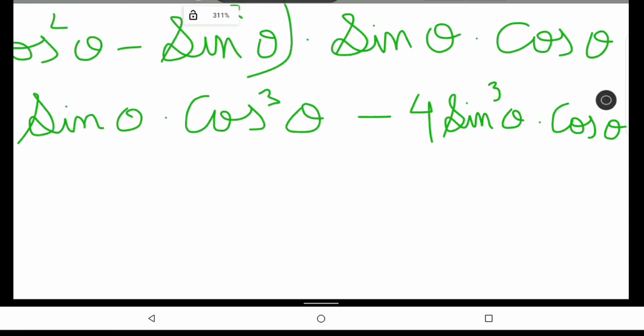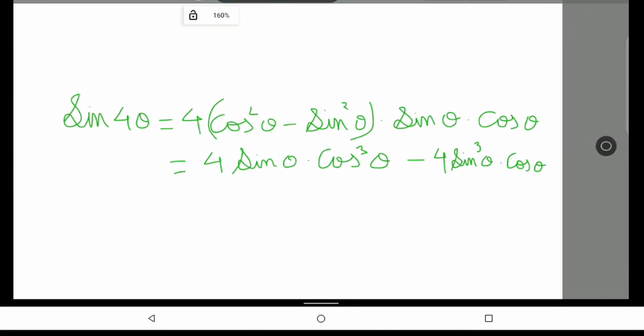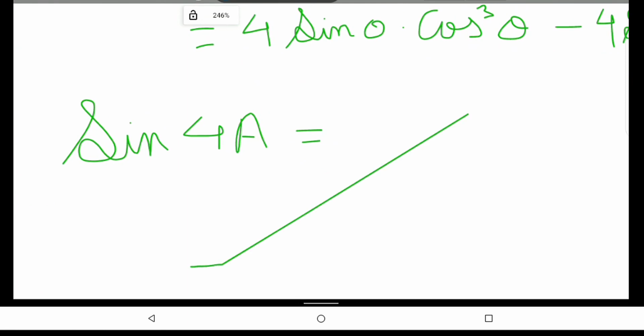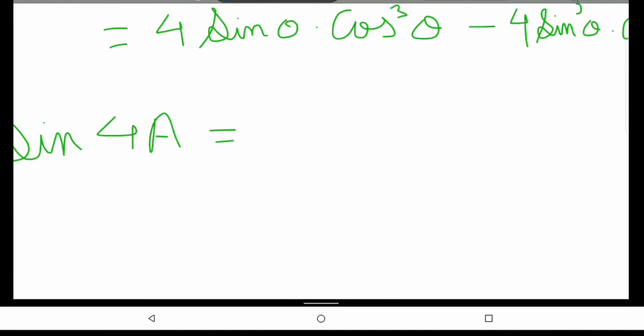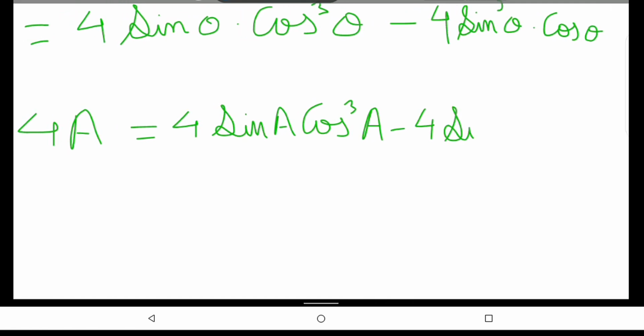Wow, we have an expression for sine 4a as well that was not asked. So we have sine 4a equal to 4 sine a into cos cube a minus 4 sine cube a into cos a.